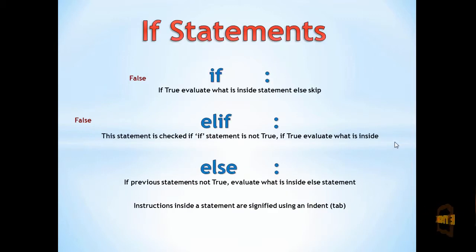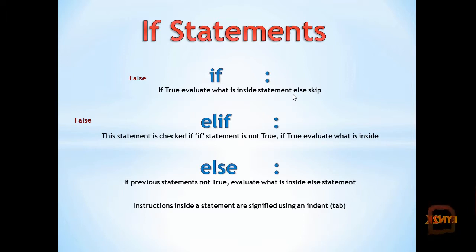Here's some examples of control flow using an if, elif, and else statement. The if statement works by using the word if, and whatever is inside here before the word if and the semicolon will be evaluated. If this evaluates to true, we will run whatever is inside the if statement. We can signify what is inside the if statement using indentation.